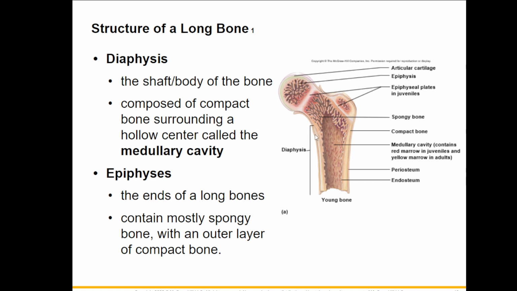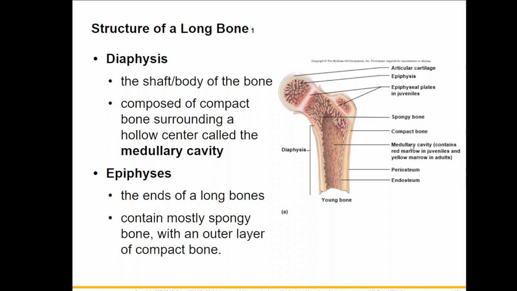Now, the sides of your diaphysis are actually composed of compact bone. You see the sides, very solid, very compact. There are no spaces on the side. But in the middle of it is a hollow cavity. And that hollow cavity is called the medullary cavity. Now, what is found inside the medullary cavity?